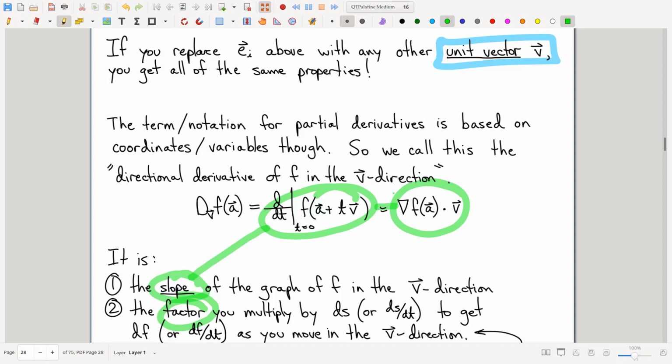Partial derivatives, language issues aside, you can go in any direction you like. And this is worthy of having a name. So the name is directional derivative. And we use this notation right there. So that's the big idea. The big idea of a directional derivative is it's a rip-off of partial derivatives.